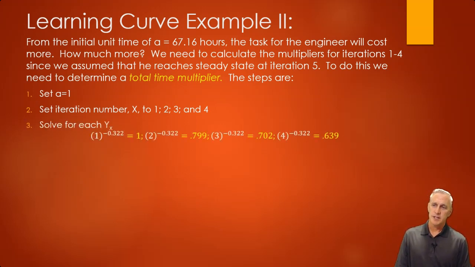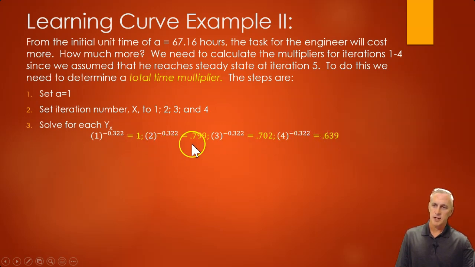And when we do this, we can solve for the y values. And so notice the exponent hasn't changed at all. It's the same. The only thing that's changing is that x value. So here we have the x values of 1, 2, 3, 4. They all just get raised to a different exponent, and so we get these numbers here.